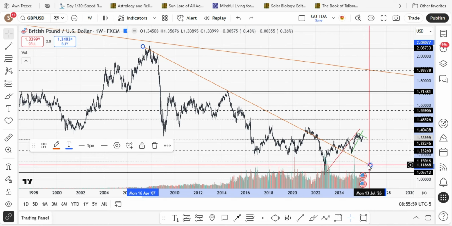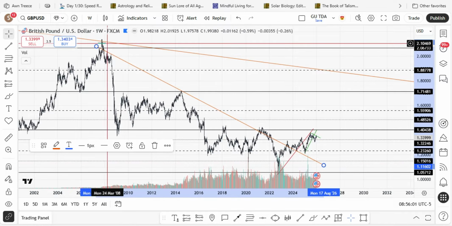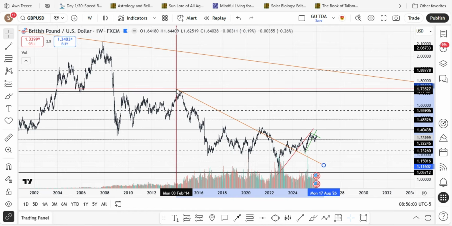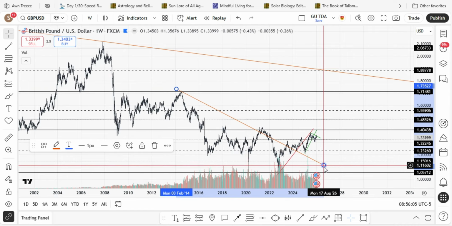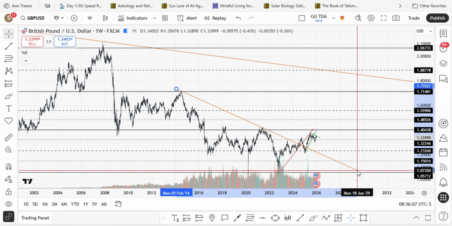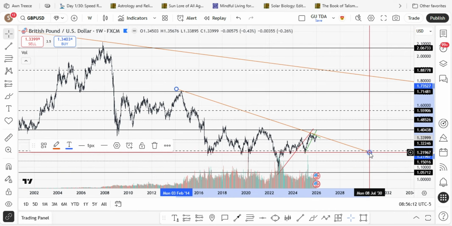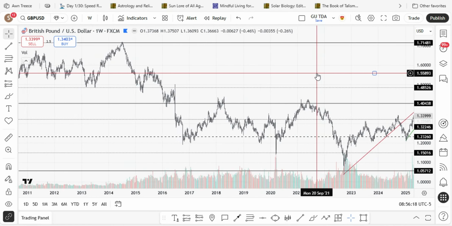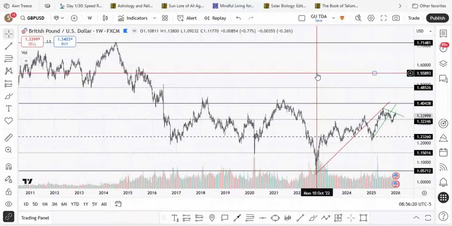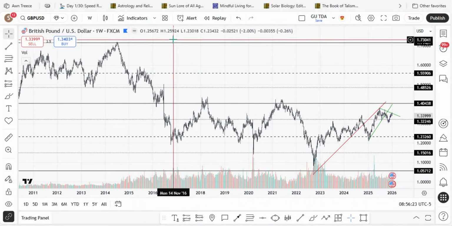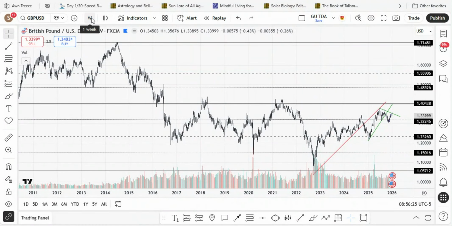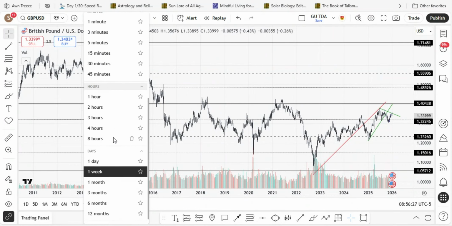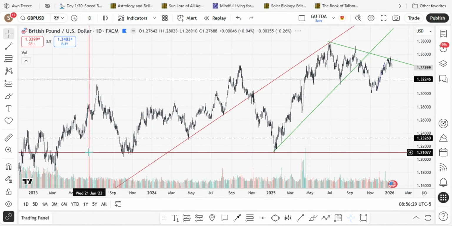Just still kind of trending down. None of that looks good, so I'm just not gonna have a weekly trend line.